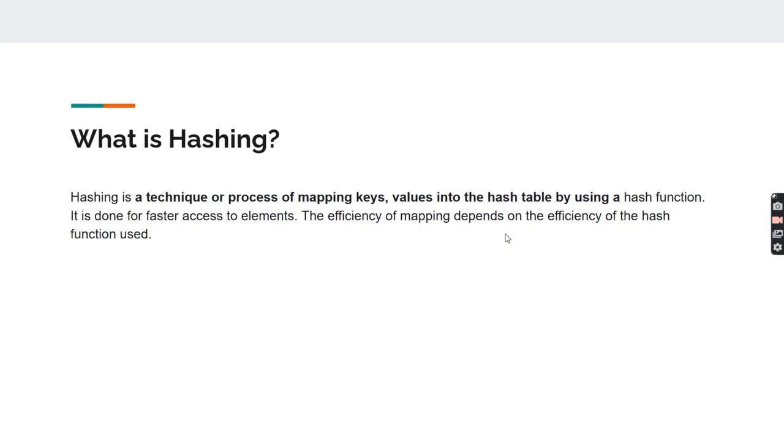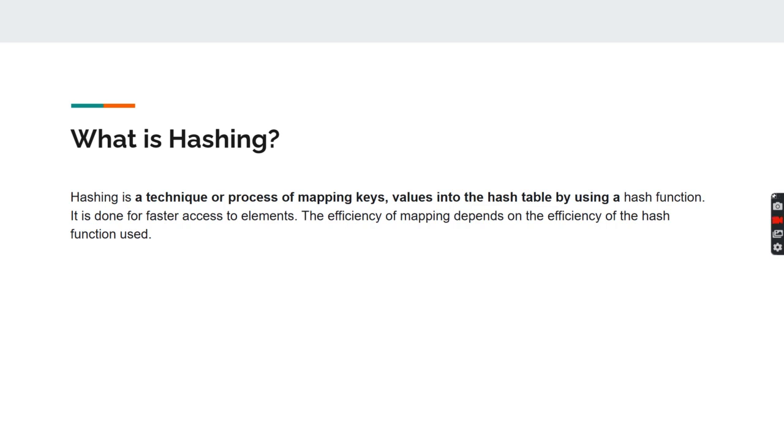Before proceeding further, let's understand what hashing is. Hashing is a technique or process of mapping keys and values, like dictionaries in Python, which work on key-value pairs. It maps keys with values into a hash table by using a hash function.